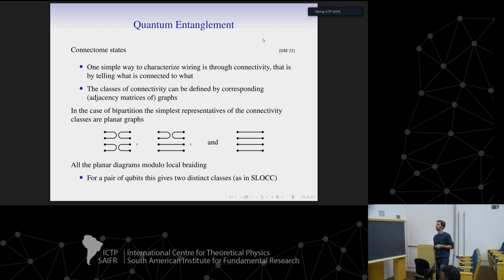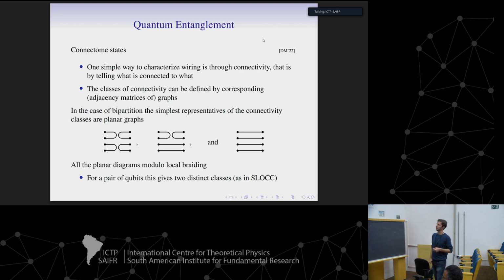Second, you can braid non-locally, so you can try to braid points on the left and on the right. That's a non-local transformation. So from the point of view of this classification of quantum resource theory, that's not what you want. This is a non-trivial operation that might be an entanglement operation. So I just want to mod out all braidings that relate to local unitary operations.